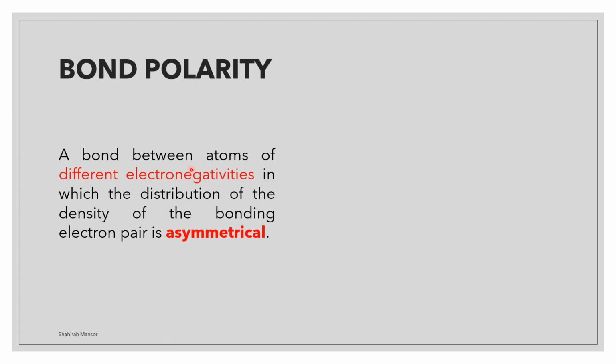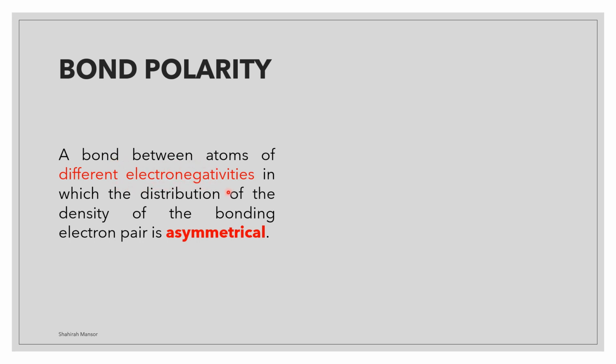Bond polarity refers to a bond between atoms of different electronegativities in which the distribution of the density of the bonding electron pair is asymmetrical. Asymmetrical adalah unsymmetrical. Okay, tidak simetri. So, bond polarity will arise in a molecule di mana covalent bondingnya mempunyai atoms yang berbeza electronegativity.